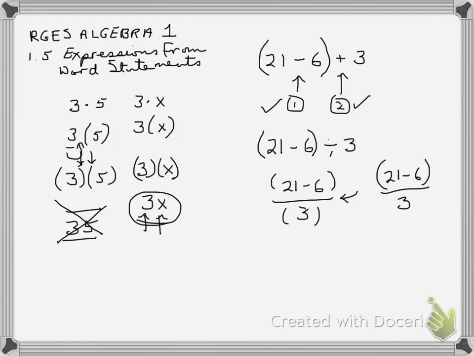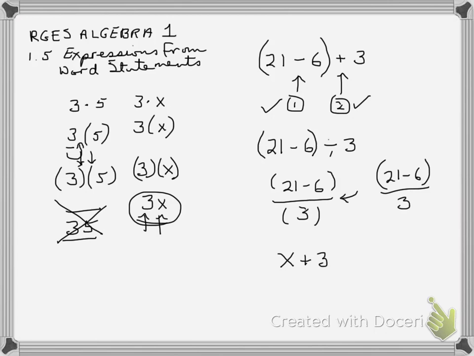Okay, next problem. It says, add 3 to x, then square the result. Well, we start with 3 or x? When I'm adding something to something else, I want to start with what I'm adding it to. So I start with my x, I add 3 to it, and it says square the result.